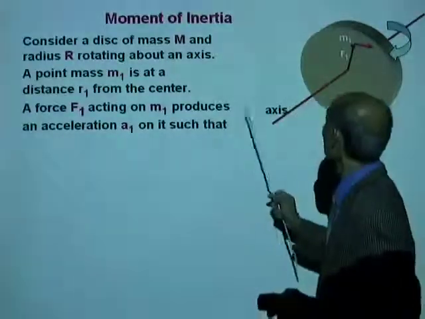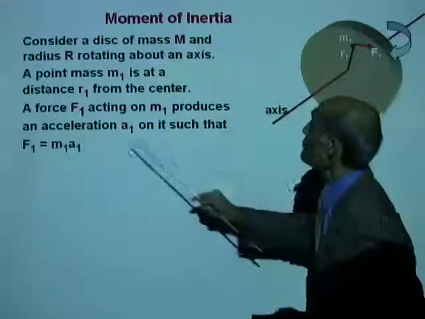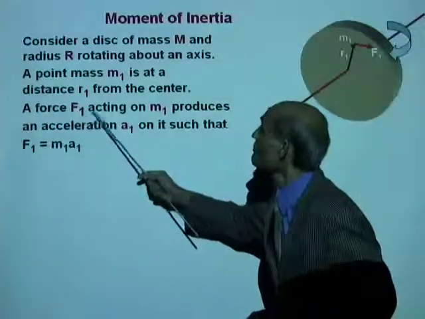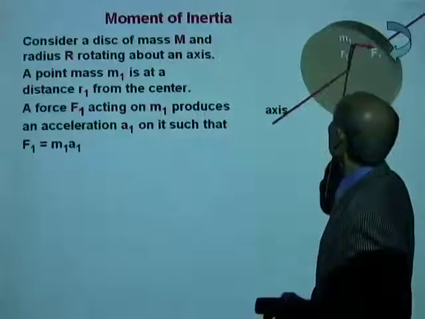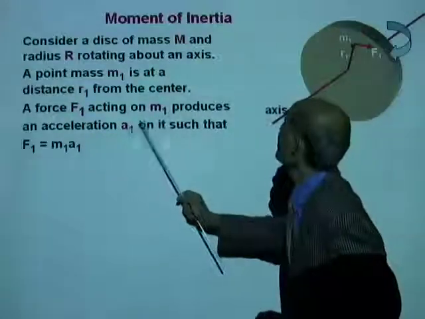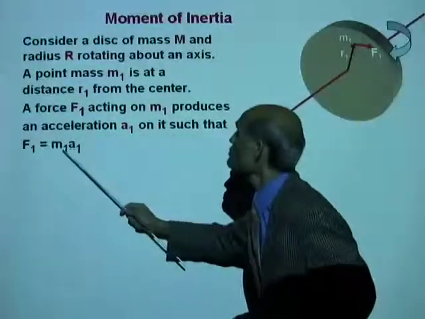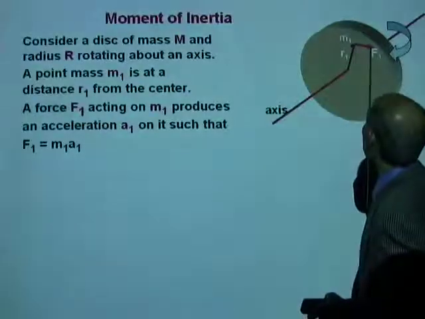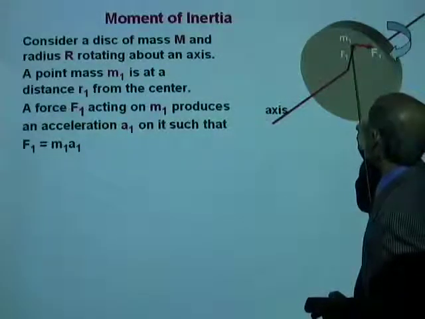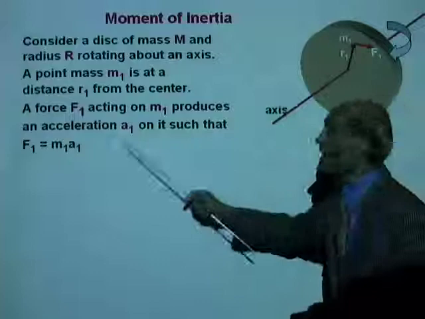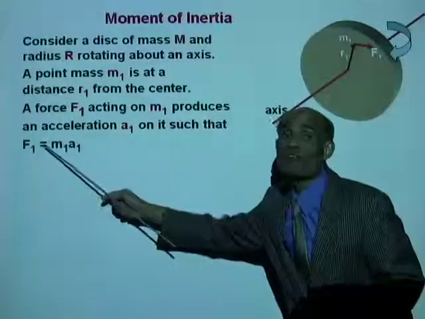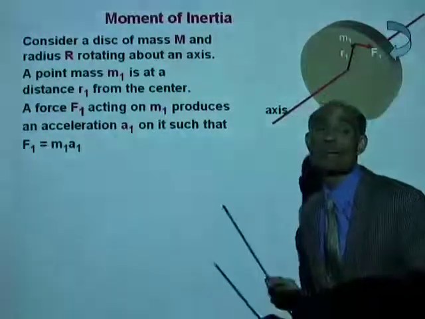Is that right? So this force F1 produces an acceleration on this mass given by F1 equal to m1 a1.